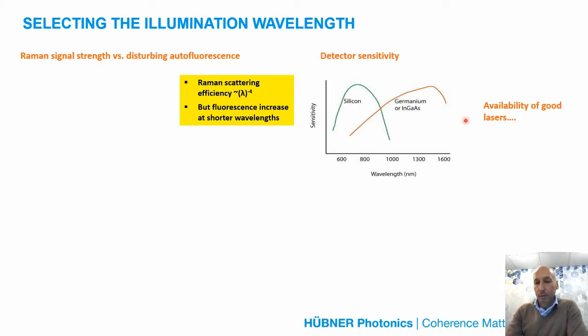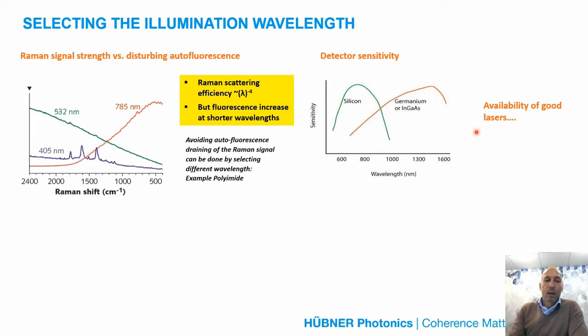And then, of course, another important aspect to take into consideration is that there has to be good availability of suitable laser sources at the wavelength which is most optimum. An example of how the choice of the wavelength can influence the Raman sensitivity is shown here.